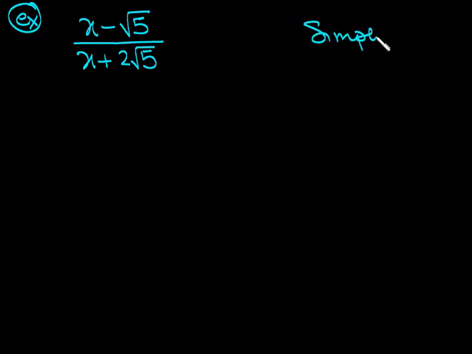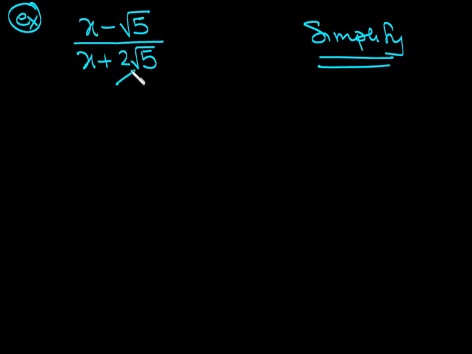Okay. So let's say I have x minus square root of 3, let's use something different from what we've been using, divided by x plus 2 square root of 5. Okay, so they could have just told you to simplify this, because simplify means you want to make it easier, and one of the things that makes it easier is if you don't have radicals in the denominator.